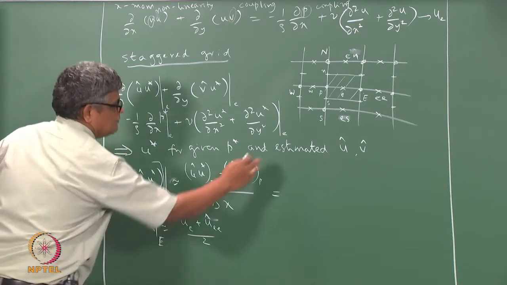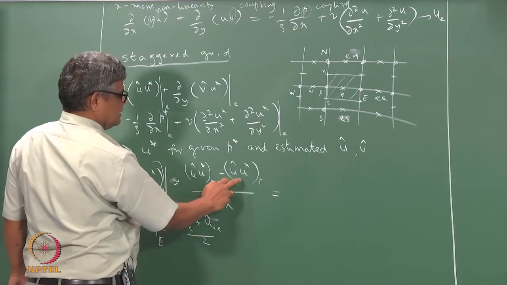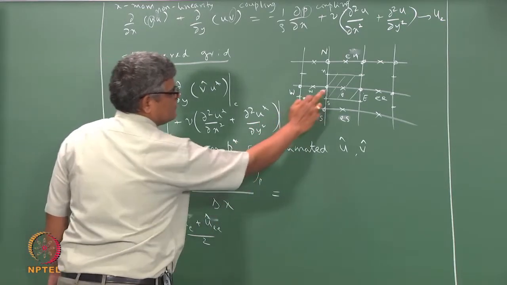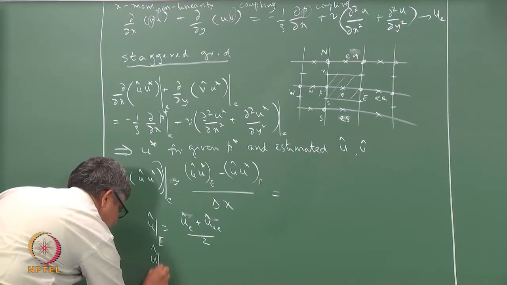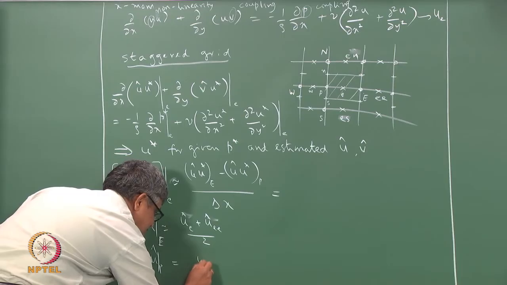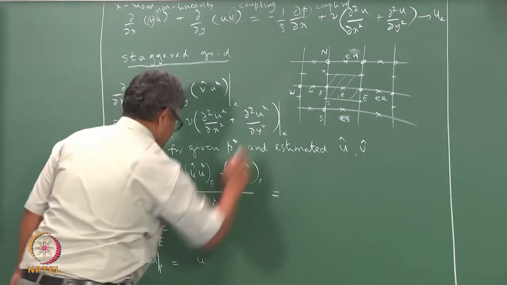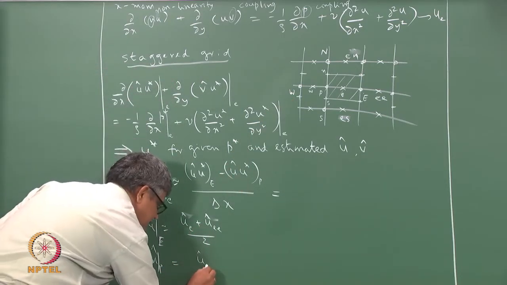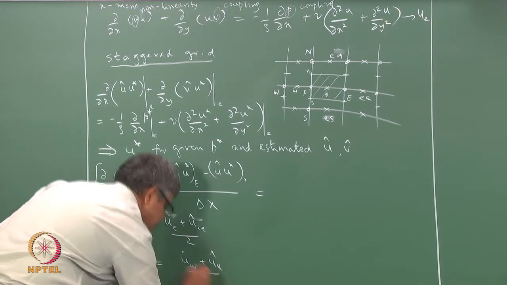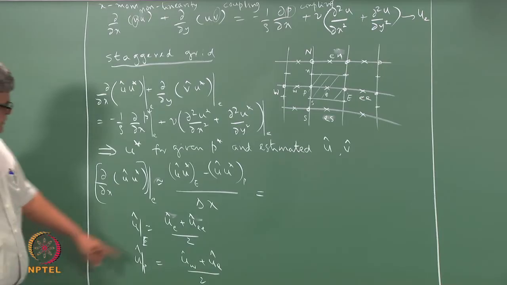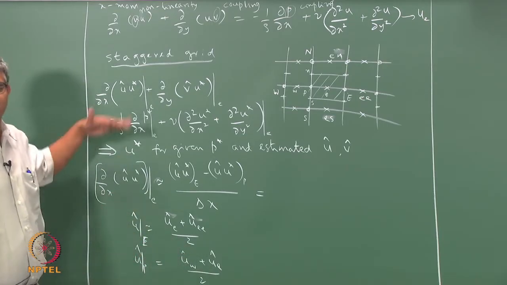Similarly we have u hat at capital P, which is coming here. We can write u hat at capital P as (u hat W plus u hat E) by 2. So all the hat ones are from the previous iteration.